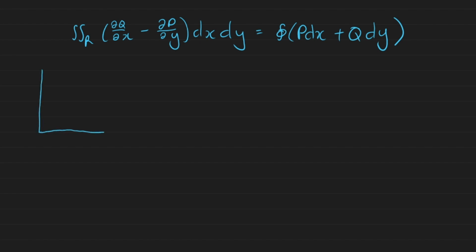So our simple example will just consist of a closed path bounded by two curves in the xy plane. That's our xy plane and our two curves.